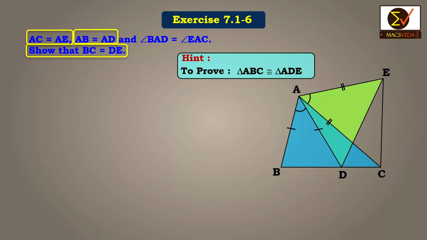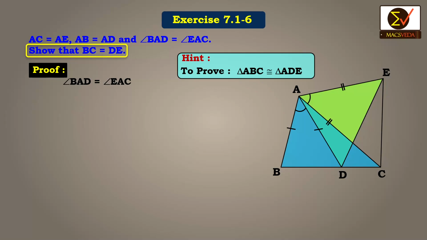So, here given AC is equal to AE and AB is equal to AD and angle BAD is equal to angle EAC. So, angle BAD is equal to angle EAC, they are not the full angles of this triangle ABC and triangle ADE. So, we try to prove the corresponding angle is equal because already two sides are equal.